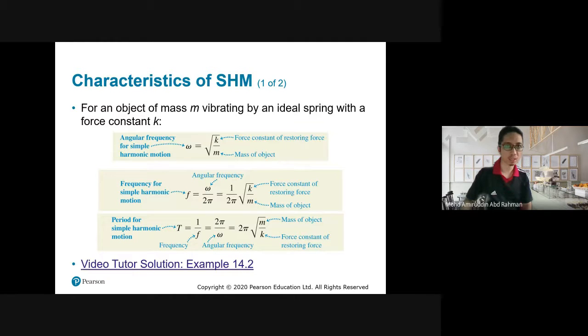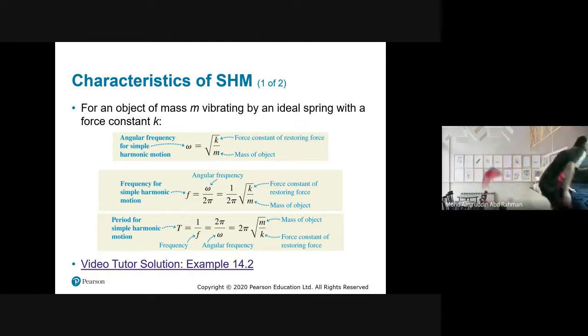We define omega as the angular frequency, which equals the square root of k over m. So it depends on the mass of the object, and k, which we obtain from Hooke's law. That's the relationship for omega. From this omega we can also obtain the frequency.